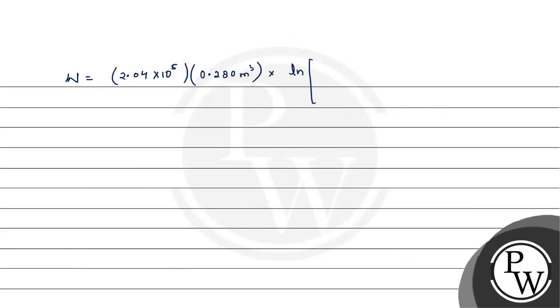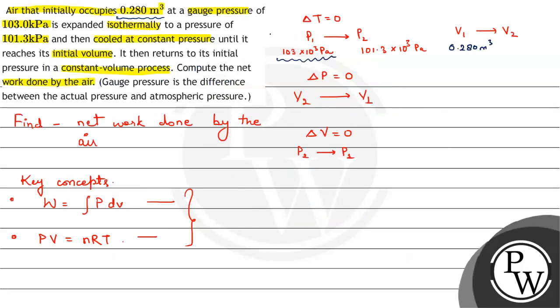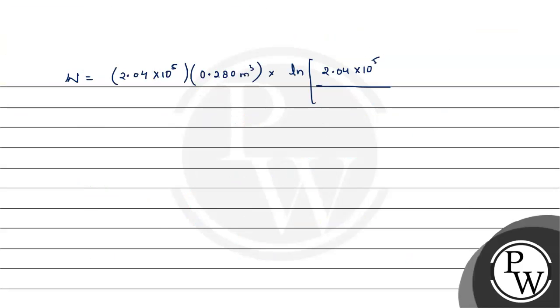So P1 is 2.04 into 10 to the power 5 upon P2 is 1.013 into 10 to the power 5 pascals. So 10 to the power 5 cancels each other out. On performing this calculation, we get it equal to 4 into 10 to the power 4 joules. So this is the work done in the first case.